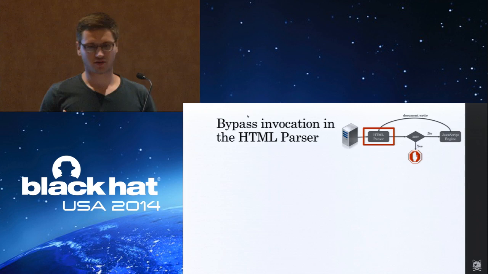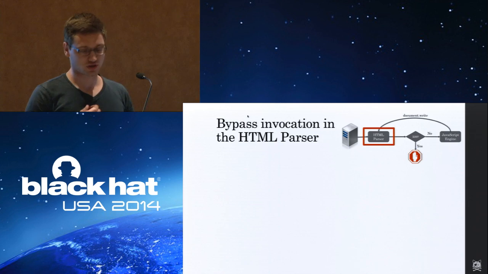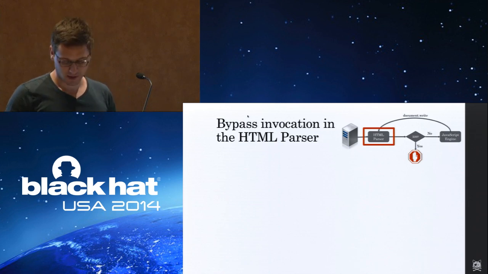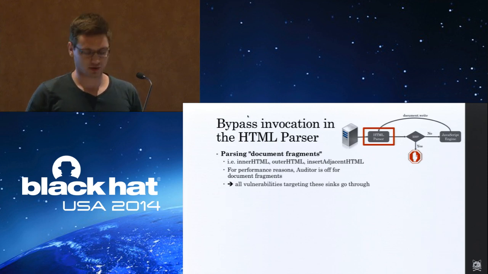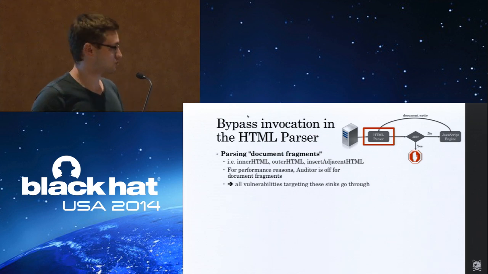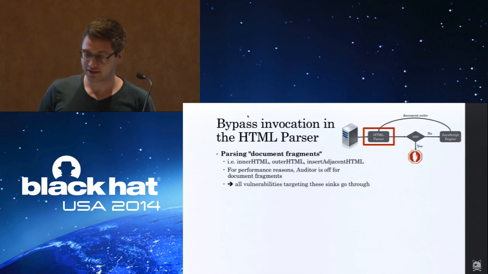Then, Martin already said it. There are also ways of getting around the invocation inside the HTML parser itself. First and foremost, as you already said, Google opted to disable the auditor for these document fragments, which is obviously for performance reasons. It makes perfect sense in my mind.